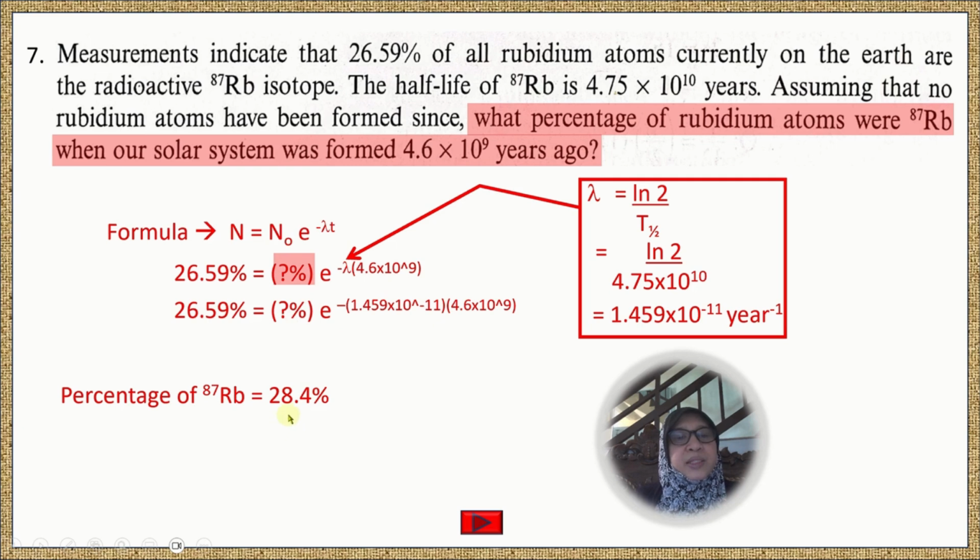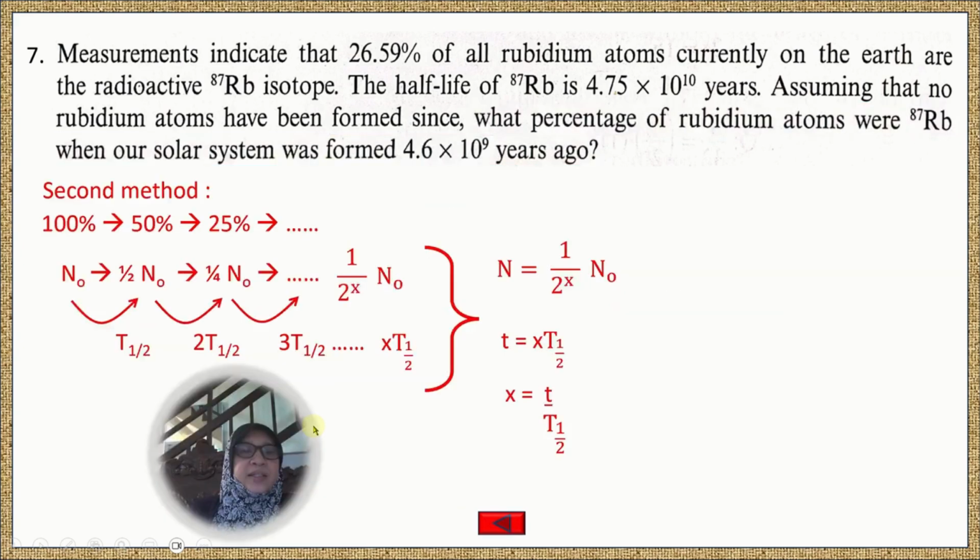So we get 28.4%. This one remains on the right side, and we bring this to the left side, and you solve and get a percentage of rubidium of 28.4%.